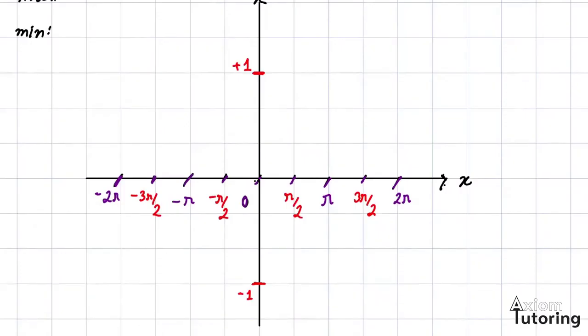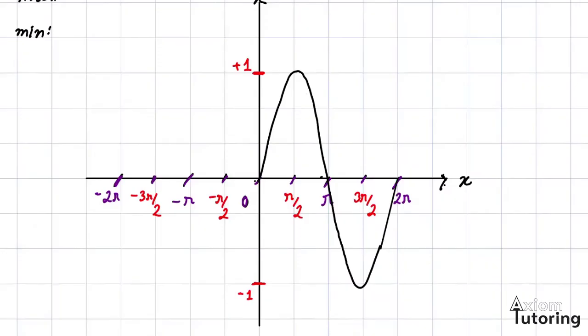We're going to start at 0 because that's where it crosses, but remember there is a maximum point here, and then the sine graph travels through here. Let me try that again. Maximum point at 1, goes through pi, comes down to -1 at 3 pi over 2, and then again it intercepts at 2 pi.